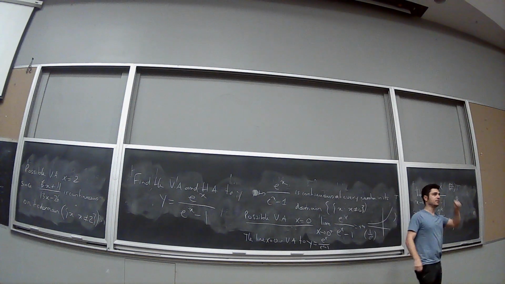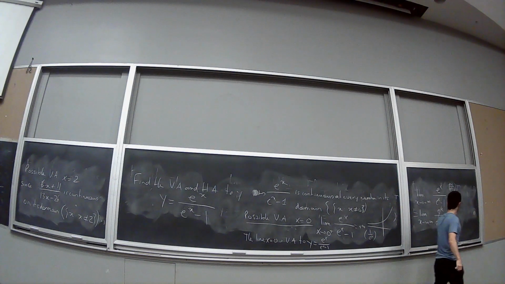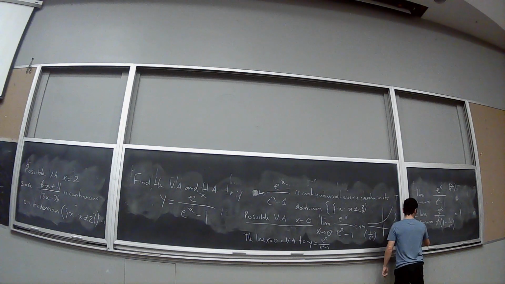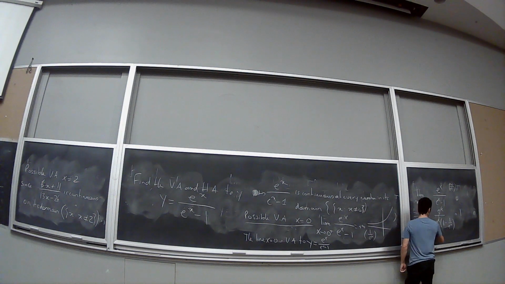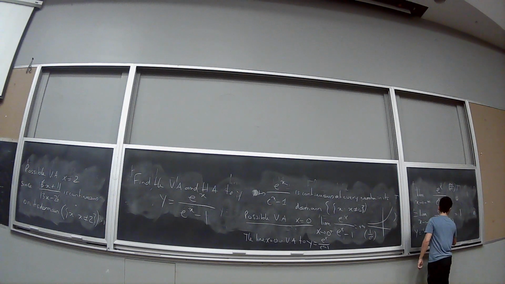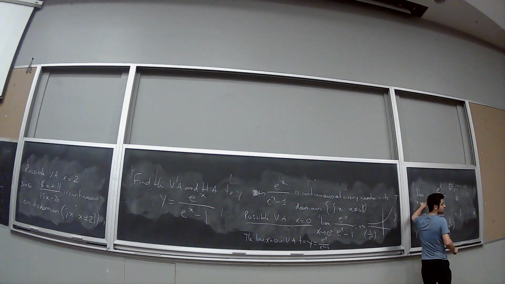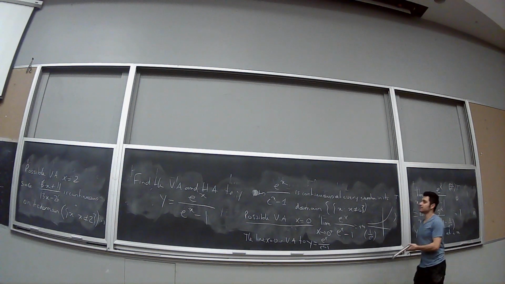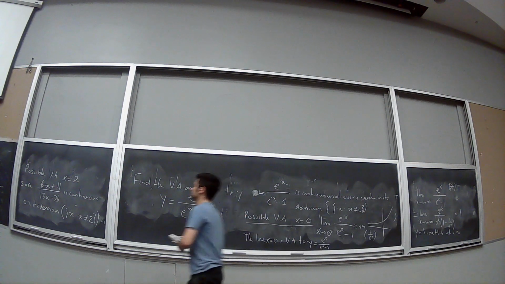On top, 1 over 1 minus 1 over e to the x. e to the x goes to infinity, so 1 over e to the x goes to 0. So this limit is equal to 1. y equals 1 is a horizontal asymptote at where, plus infinity or minus infinity? Plus infinity. Very good. Now let us evaluate the limit at minus infinity.